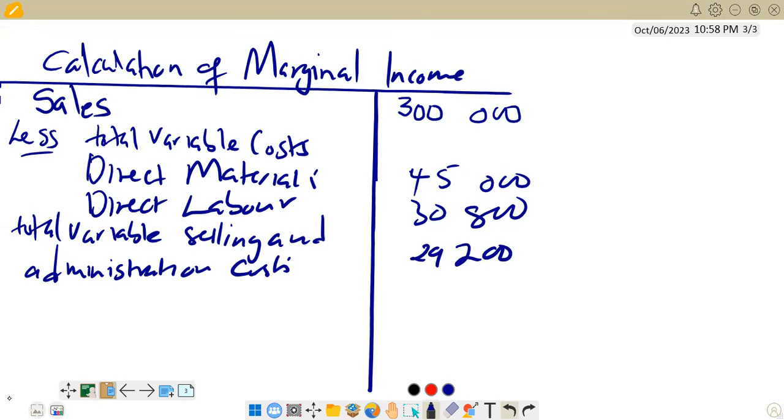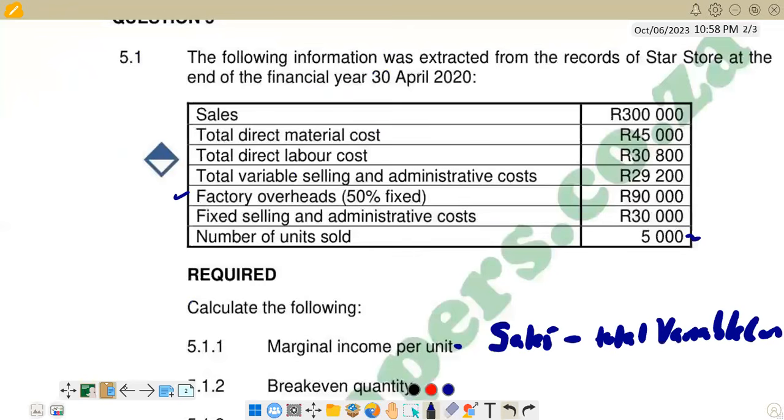Also we have the last item, which is said to be 50% fixed and 50% variable. If you come here, we have factory overheads. Factory overheads is said to be 50% fixed, and its total is 90,000. So it means the other 50% is variable. When we say 50% is 0.5, if you multiply it by 90,000, you will get 45,000.